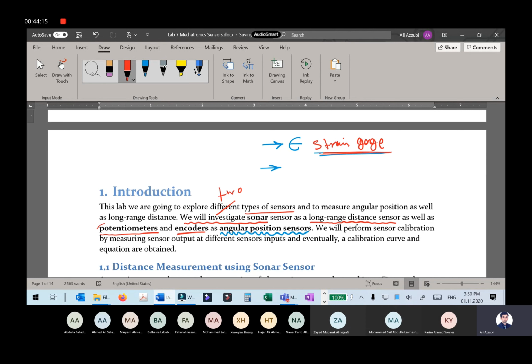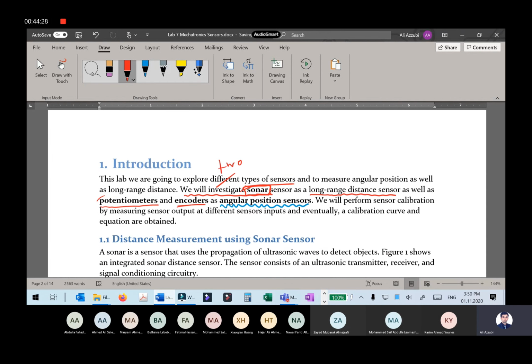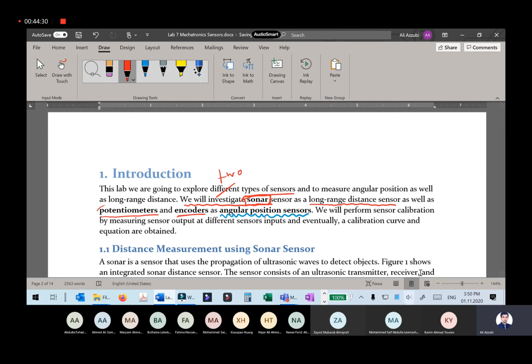For example, what do we use to measure distance? I will give an example that we all know. Basically, this is the sonar sensor. Let me show you a picture of this.